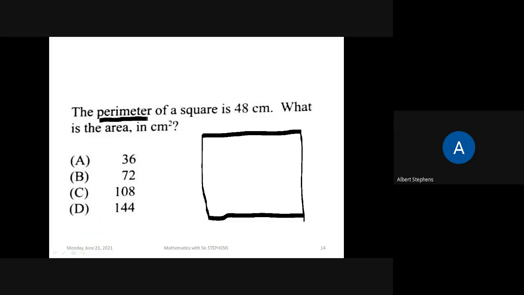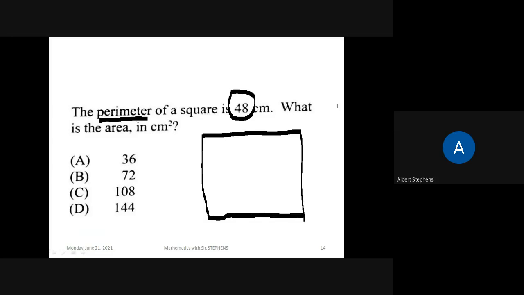What does perimeter mean? Sir, when I add up all the sides. Right, it's the distance along the contours of the square. So if you add up all these sides, you get what? 48.